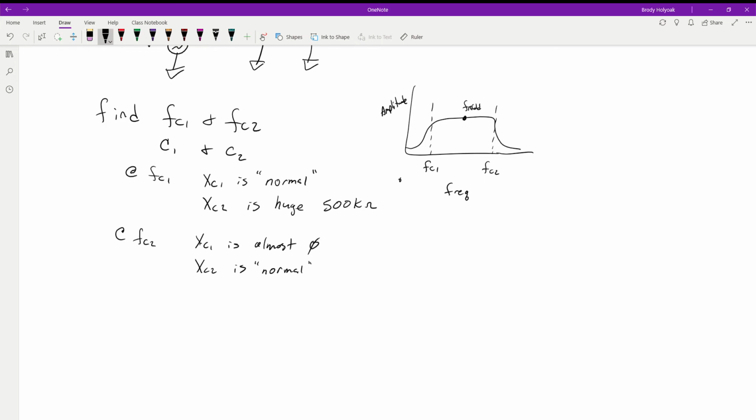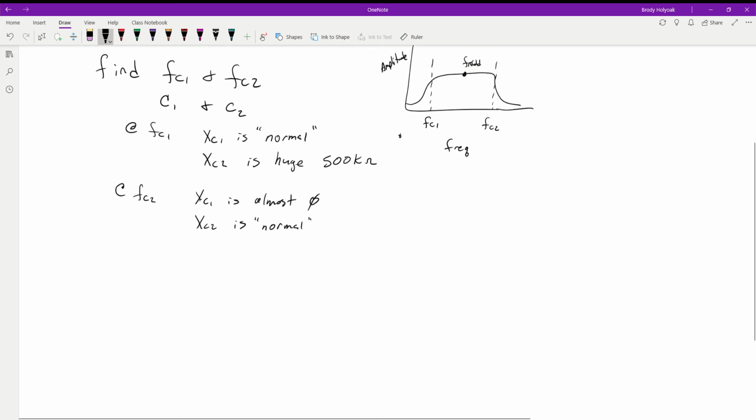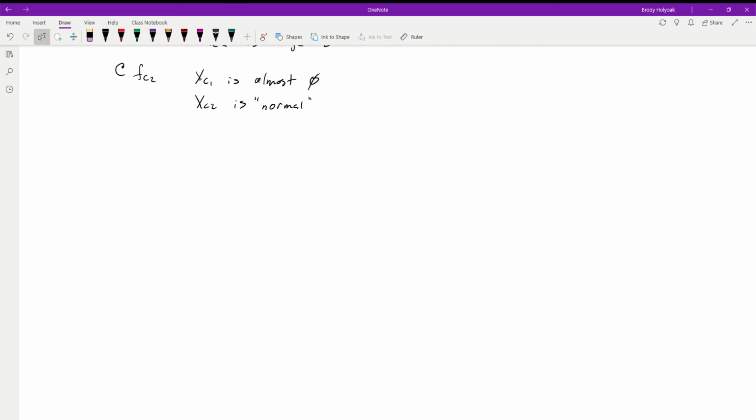So how do we calculate these points? To find these values, we need to take the R Thevenin at each of the capacitors and solve for the frequency.